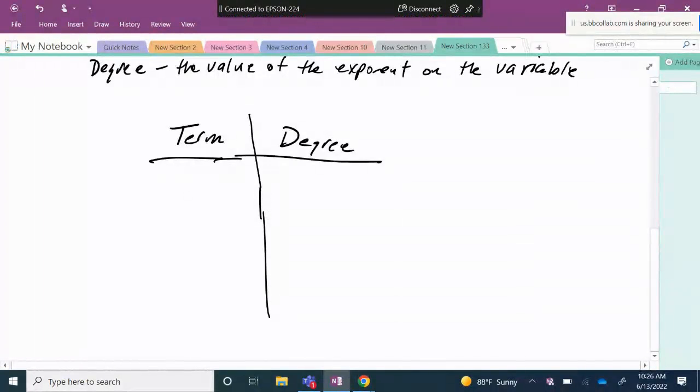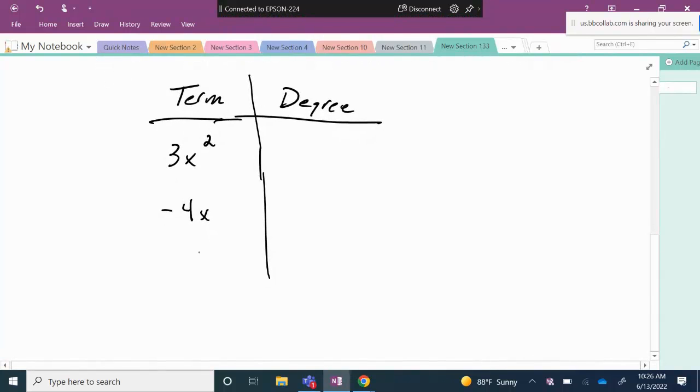So we're going to take 3x squared, negative 4x, let's say 1/5 x cubed, and 3. All right, so we have 4 terms: 3x squared, negative 4x, 1/5 x cubed, and 3, and we want to determine the degree for every term.